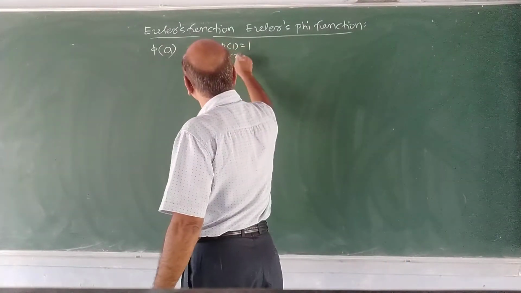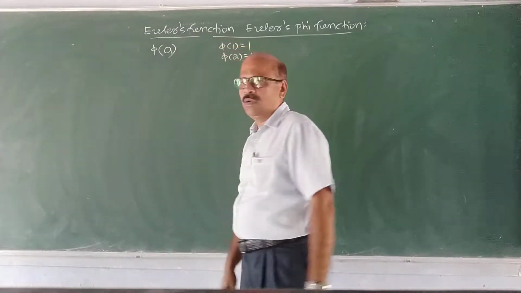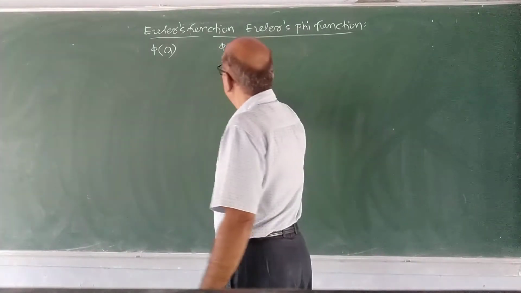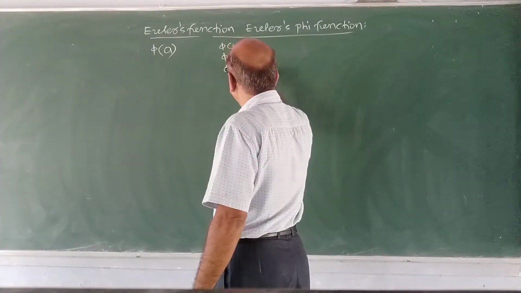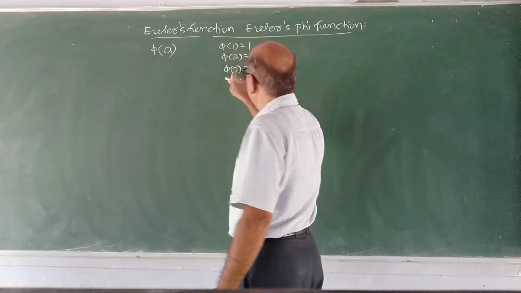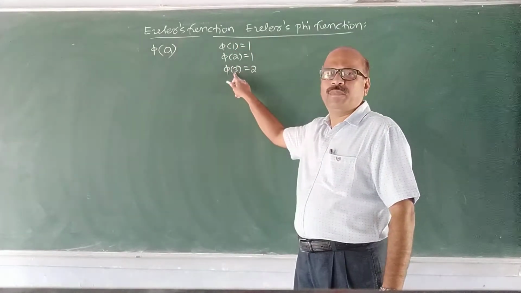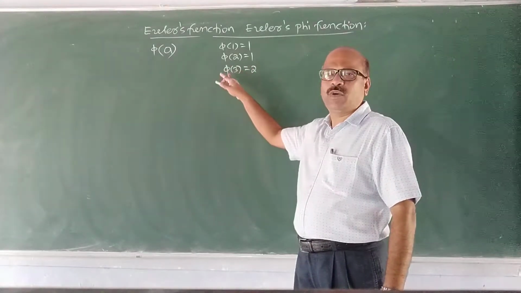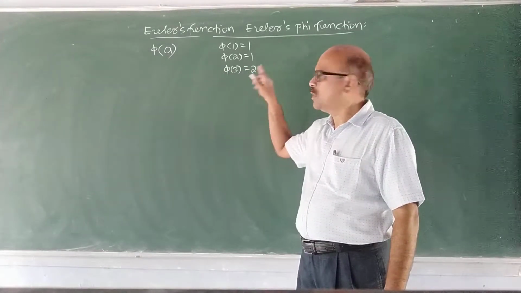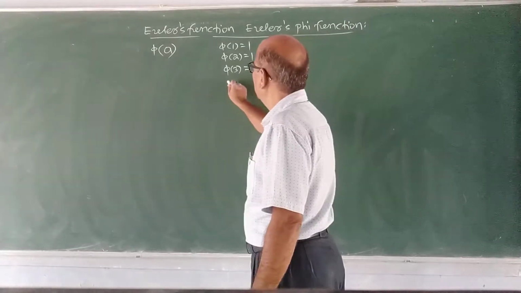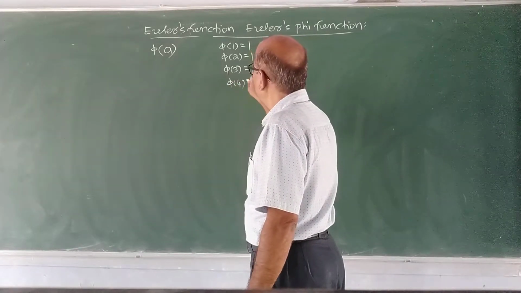And phi of 2 is also 1. Phi of 3 is 2, meaning the number of integers less than 3 relatively prime to 3. 2 is relatively prime to 3, and 1 is also relatively prime to 3. So phi of 3 is 2. What is phi of 4?